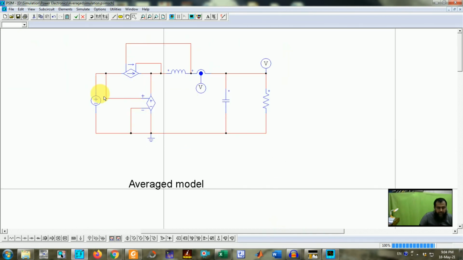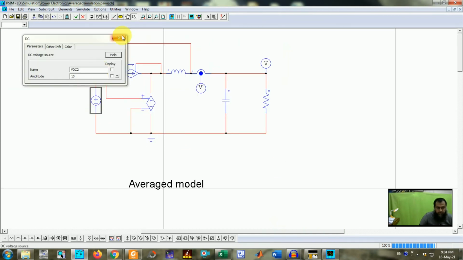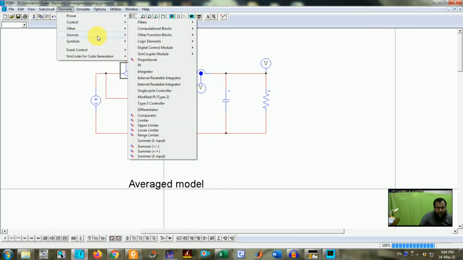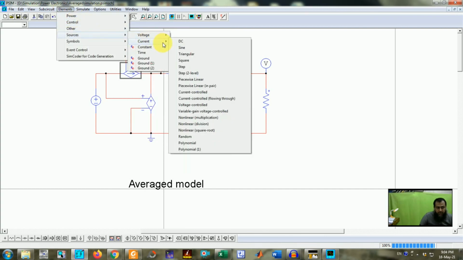Here we have the input voltage source that is equal to 10 volt. We have a dependent current source available here. If you go here, we have the voltage controlled or current controlled dependent sources available. So we can use them.